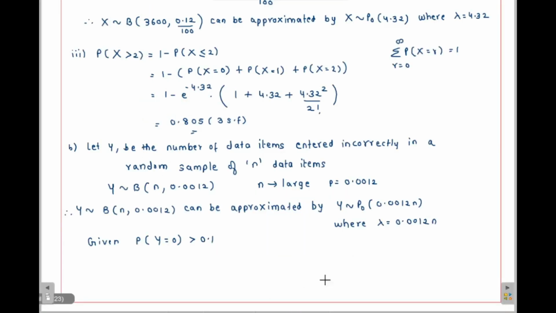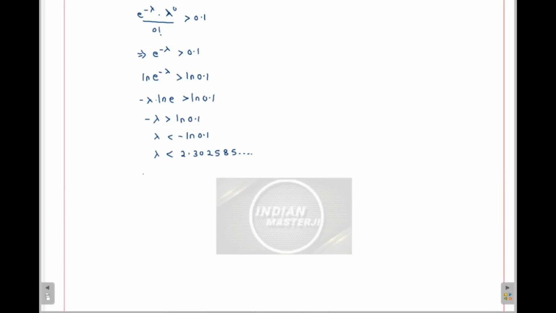But this is lambda. What was our lambda value? Lambda was 0.0012 n. So can I say therefore 0.0012 n is less than 2.302585 and so on? Correct?